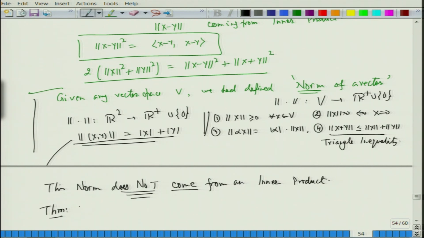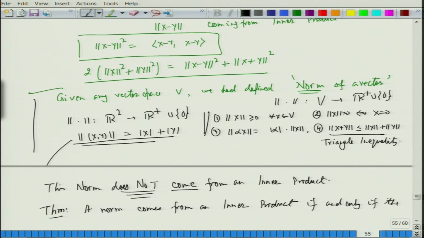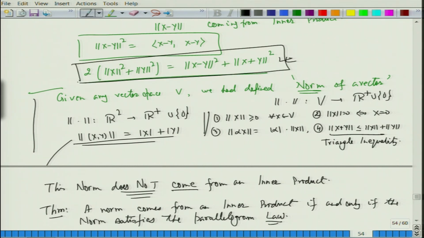There is a theorem which says that a norm comes from an inner product if and only if the norm satisfies the parallelogram law. All right. So the norm that you have defined needs to satisfy this parallelogram law. Otherwise, there is a problem.